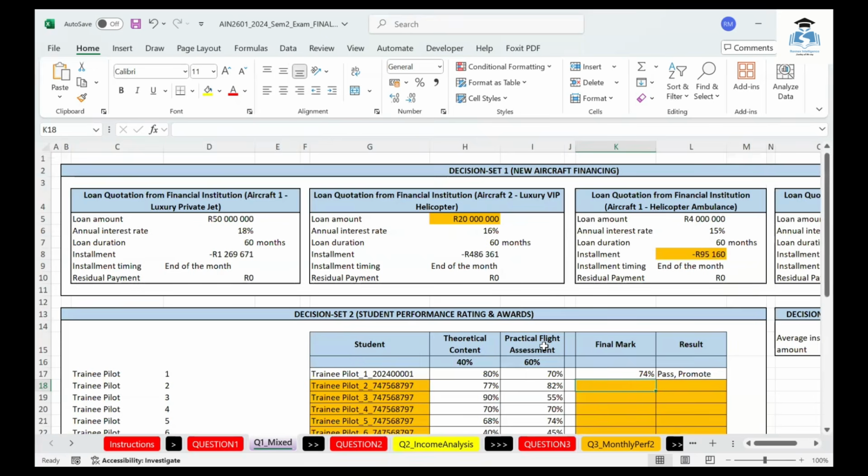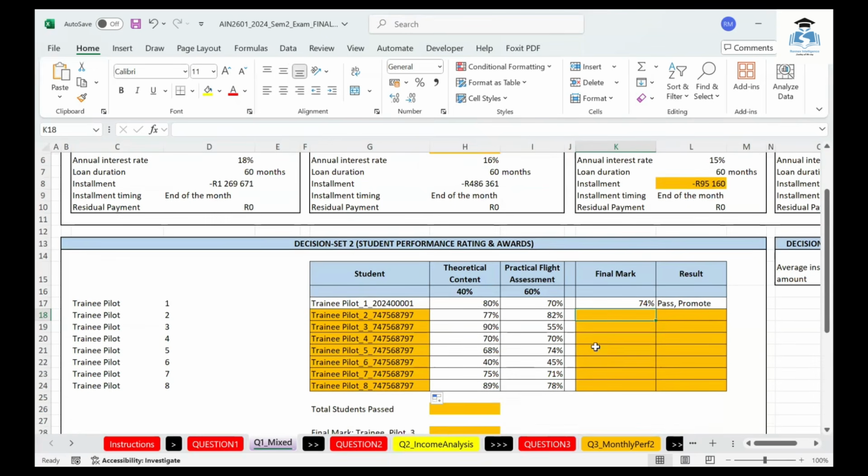Okay, it's equal H18 multiply by H16, plus. Where is H16?